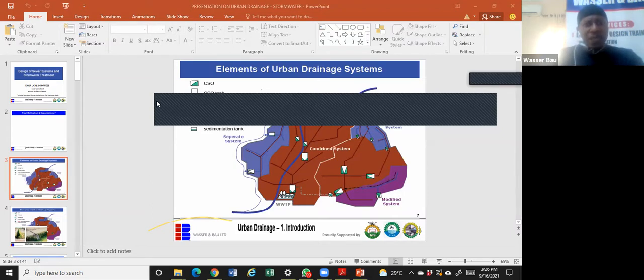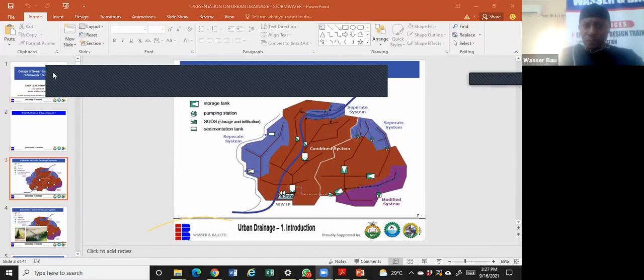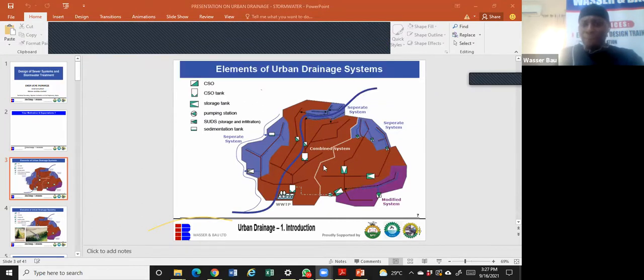I would like to emphasize this definition so that we can know it. So what you see here is a separate system, a combined system, and then there's a modified system.